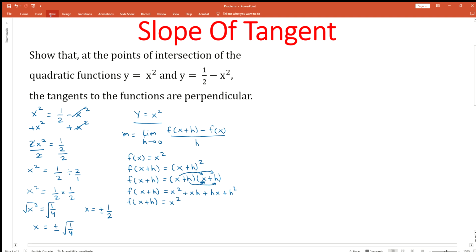X times h can also be written as h times x, which is equal to hx. We can combine the like terms. Hx plus hx is equal to 2hx. This is the expression for f at x plus h. We can sub in these expressions in the limit formula.